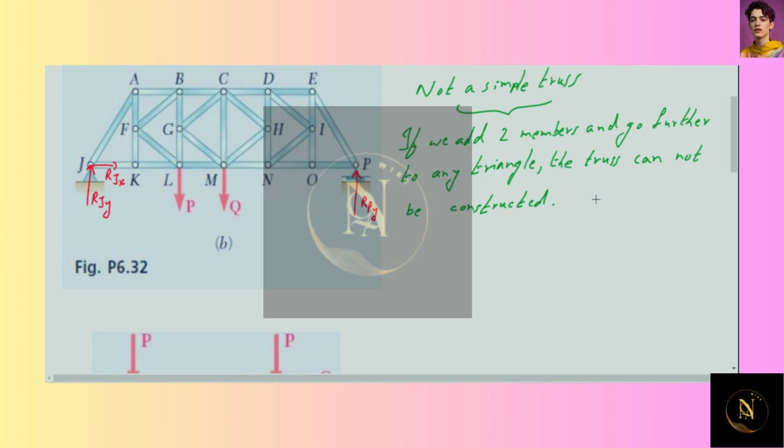Even if we add two members and go further to any triangle, we can't construct the truss. We can just see from the design itself. Because of that reason, this is not a simple truss.